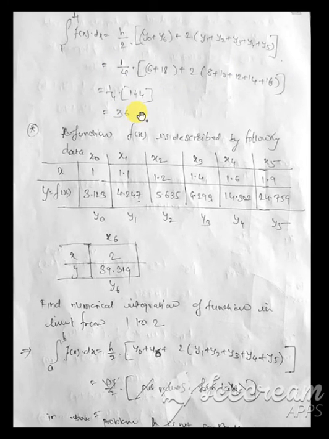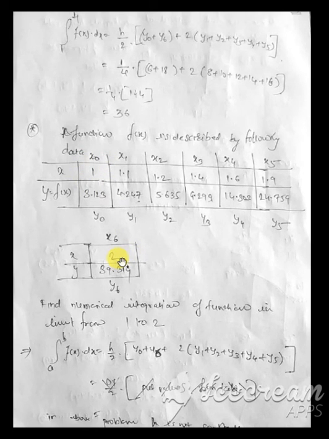And this is the second problem. Here in this problem the table is given to you, x and y values are given, and see here always you assign the first value of x as x0. The student can make a mistake here, instead of x0 they can assign x1, but remember this is x0 and the last is xn.